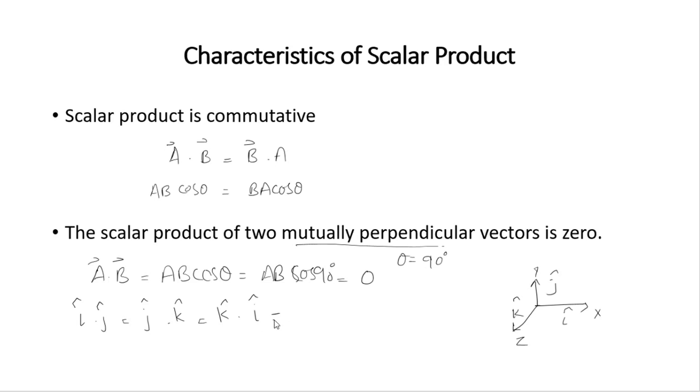Their dot product will be 0 because they are perpendicular to one another.